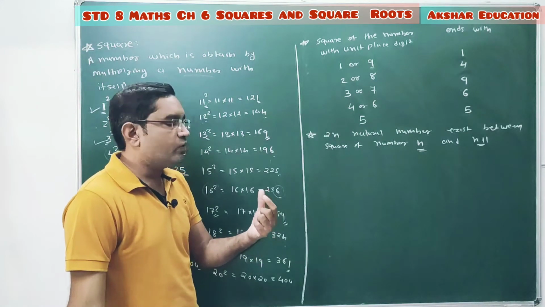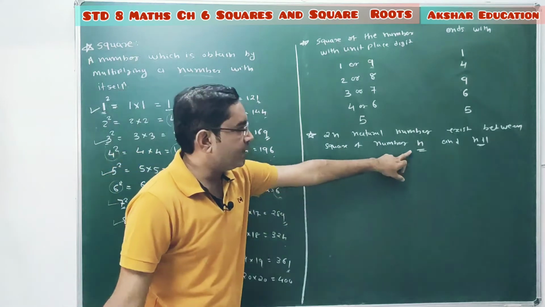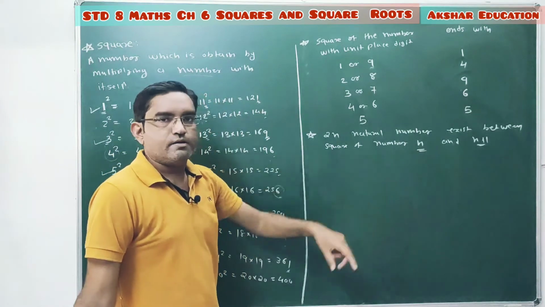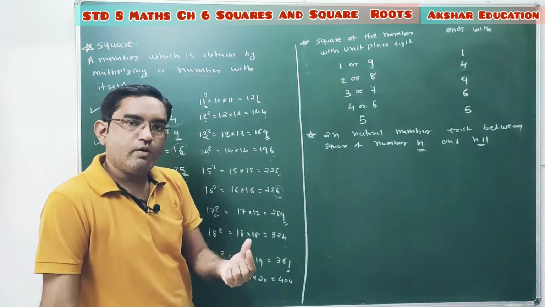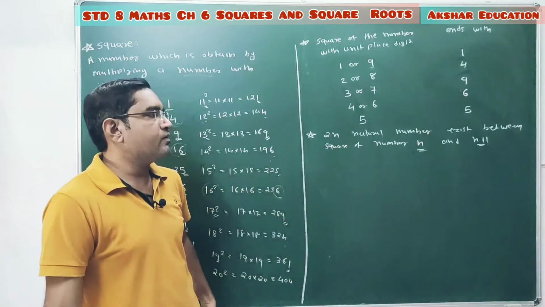Consider 2 consecutive natural numbers, n and n plus 1. If we are taking n equal to 2, then n plus 1 is 3, so you have to consider the square of 2 and 3. Between those two squares, 2n natural numbers exist.